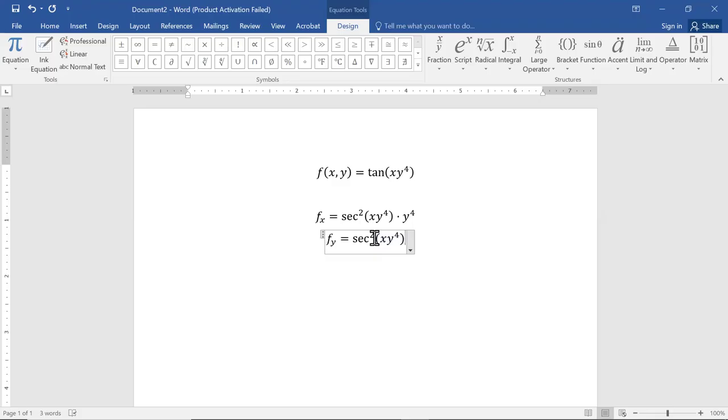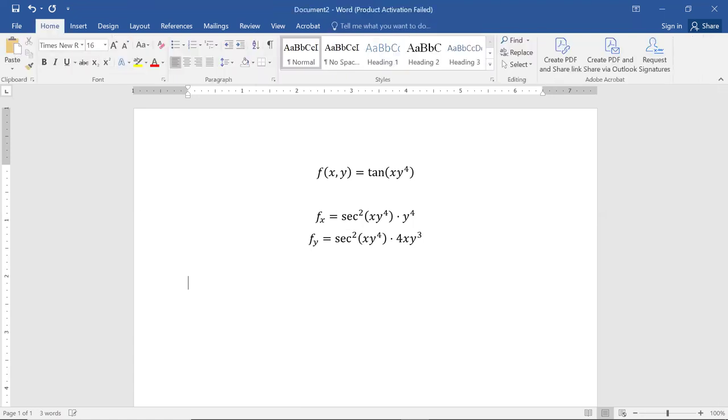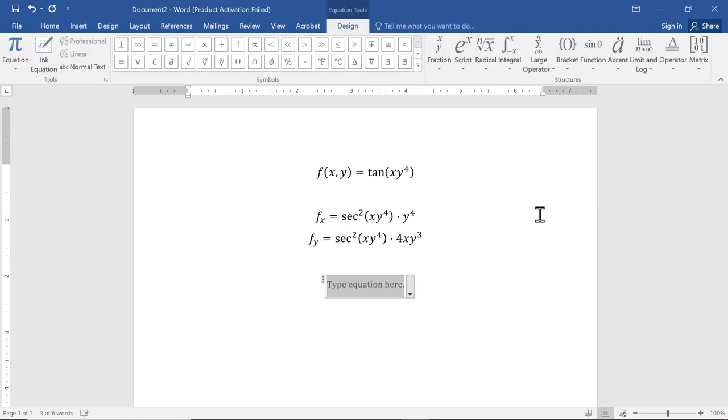Chain rule then says I have to multiply times the derivative of the inside function. The derivative of the inside function is 4x y to the third when I take the derivative with respect to y. So those are my two first partial derivatives.